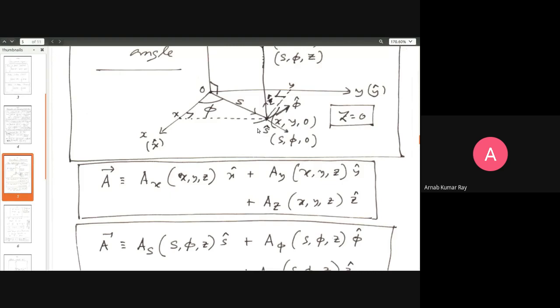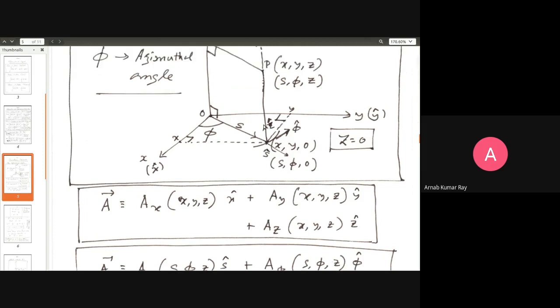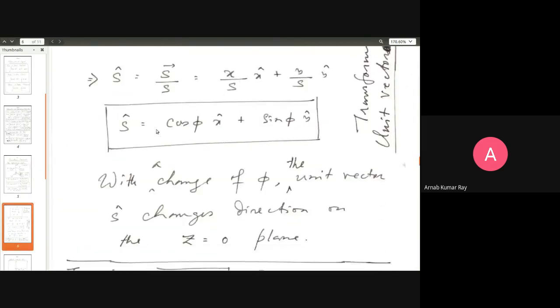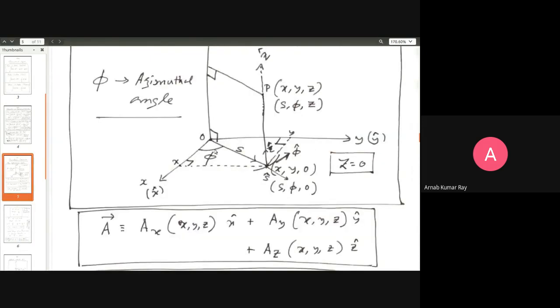So cos phi will be equal to 1 and sin phi will be equal to 0. Then S cap will be equal to X cap. That is, when phi is equal to 0, this path will coincide with the x-axis and your unit vector will just be the X cap unit vector.